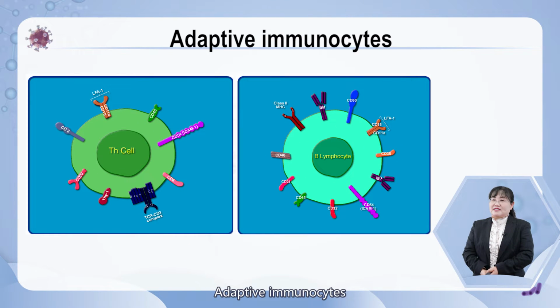Adaptive immunocytes refer to T cells and B cells that have specific antigen receptors and are capable of activation, proliferation, and differentiation in response to antigen stimulation to produce a specific immune response.